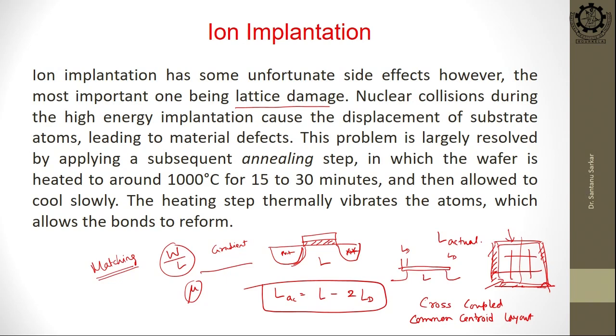Suppose you need two transistors to be as symmetric as possible, but if I place one at one corner and another at this corner, as they are at two different gradients, there will be some difference. There are certain techniques; I will touch on it a little bit. You will also be introduced to this technique in analog design, but I would like to discuss it a little in a later class.